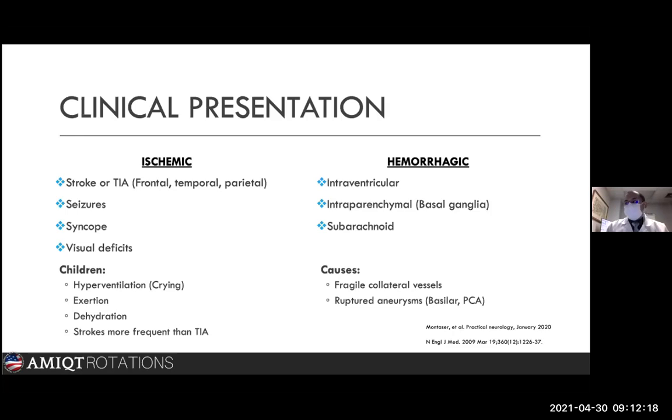That's why in children it is more difficult to identify transient ischemic attacks, and it's more frequent to identify them with complete strokes. Regarding the hemorrhagic manifestations, they are a consequence of the rupture of fragile collateral vessels or ruptured aneurysms that could cause intraventricular or intraparenchymal or subarachnoid hemorrhages.